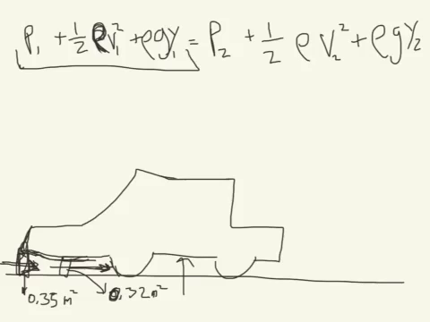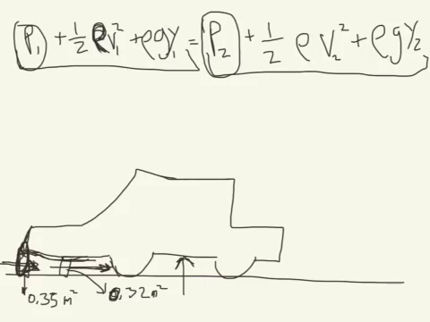So right here is everything on the left, and then everything on the right is after it gets under the car. So this is the pressure under the car, and that's what we want to find. We know that P1 is atmospheric pressure, which is about 100,000 pascals. Pascals is the SI unit for pressure.